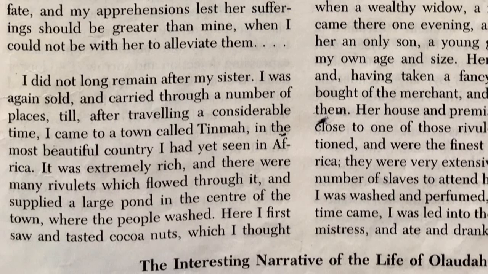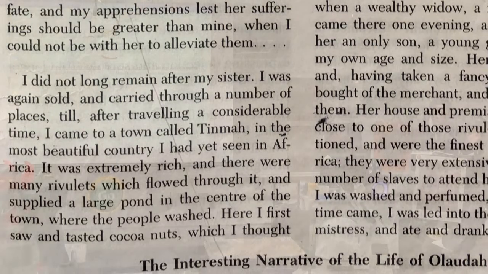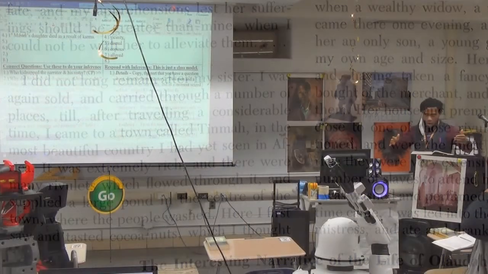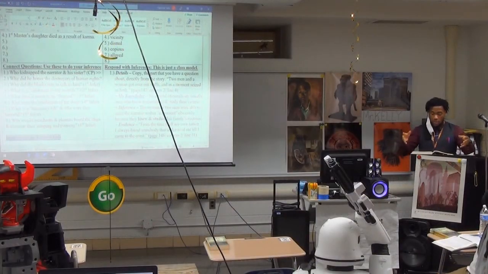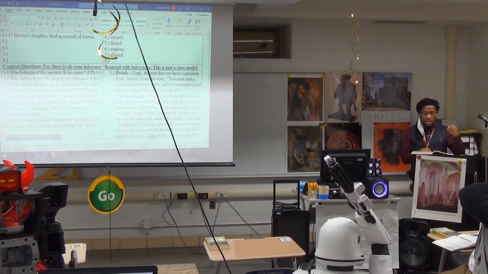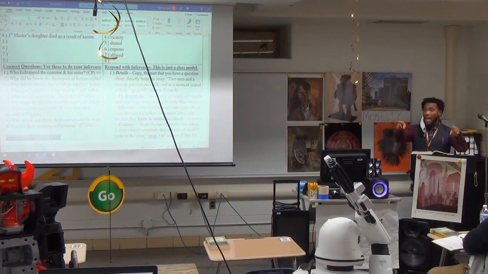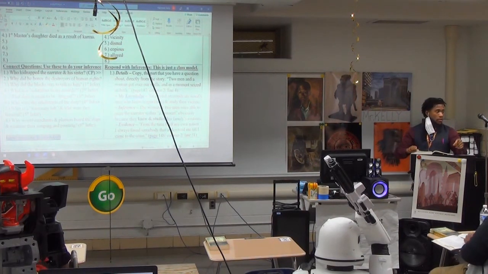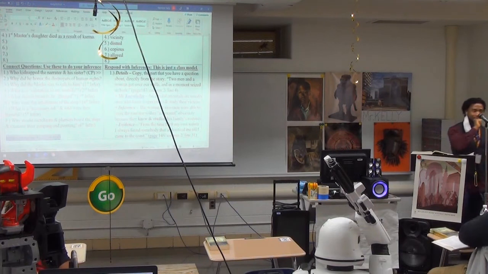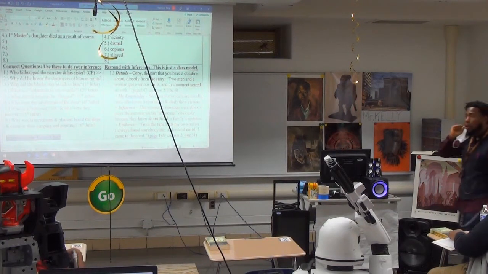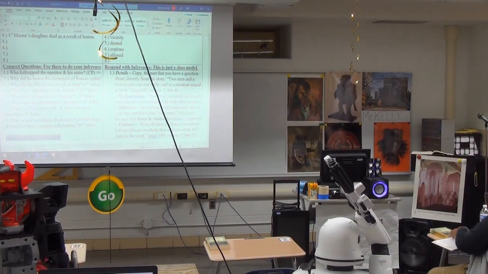Okay, so here we could make an inference without writing it down. We could take this part of the text further and read between the lines, just because of the little buzzwords in here. We see the word fatal. Fatal means deadly, a little further than bad. If there was a fatal accident at the corner, that means the person died.